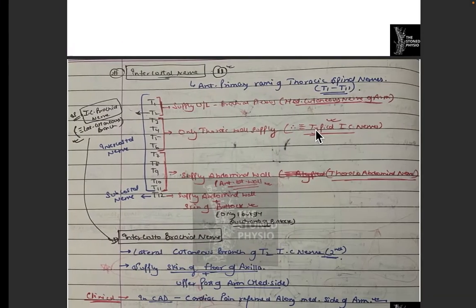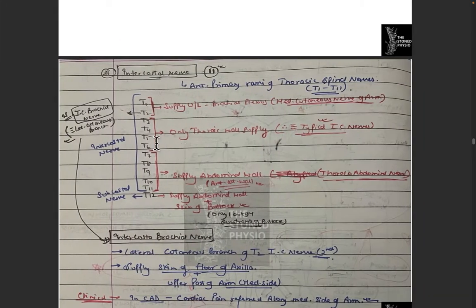Okay, so out of these nerve roots T1 to T11, we can simply say half of them, T1 to T6, are the typical type of intercostal nerves, and the rest, T7 to T11, are atypical intercostal nerves, or you can call them thoraco-abdominal nerves.